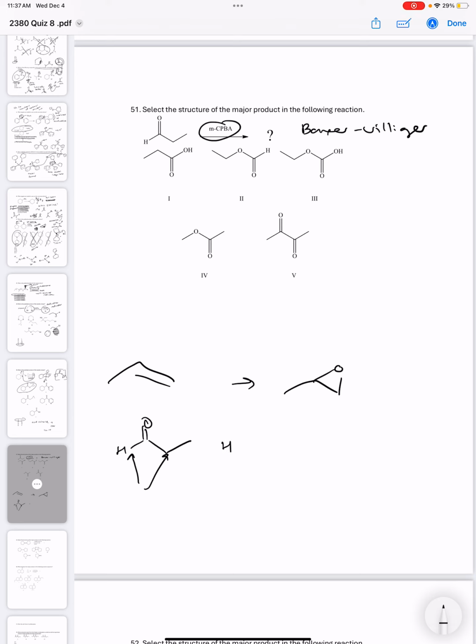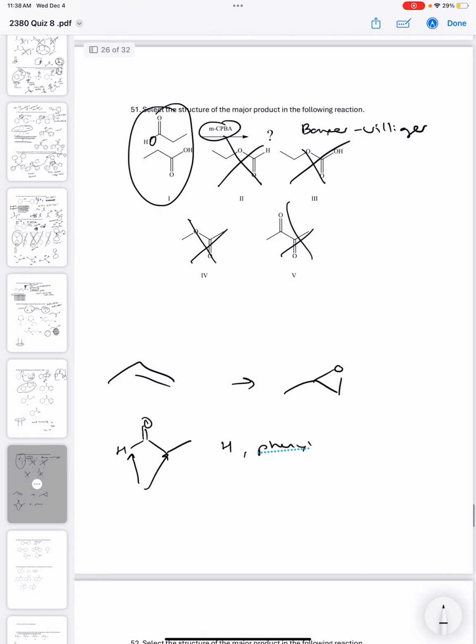Like H is the one that's easiest to move, and then I think it's phenyl. I don't remember all of them off the top of my head, so I'm not going to write them all out for you, but you should know them before your final. But on this, I know that H is the easiest one to move, so I know immediately that the oxygen is going to insert on the side of the H because it's the smallest, easiest to move. So that's not right. It doesn't insert on both sides. It just inserts on one side. So just from knowing that, I can get to answer choice A.